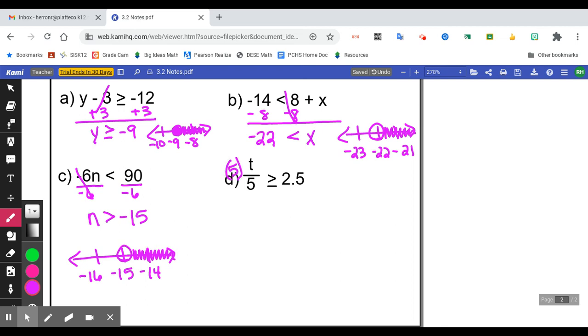T divided by 5 means we're going to multiply by 5. These are gone. Then we have T is greater than or equal to 12.5. Decimal means you can do what you want. So I'm going to do 12, 12 and a half, 13. Close circle, and greater than is to the right again. Okay, hopefully you did okay. Let me know if you have questions.